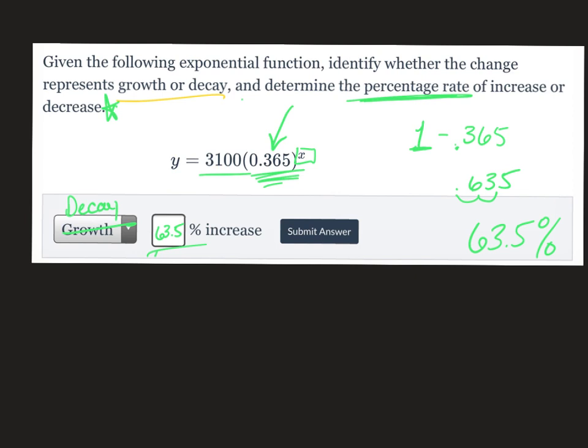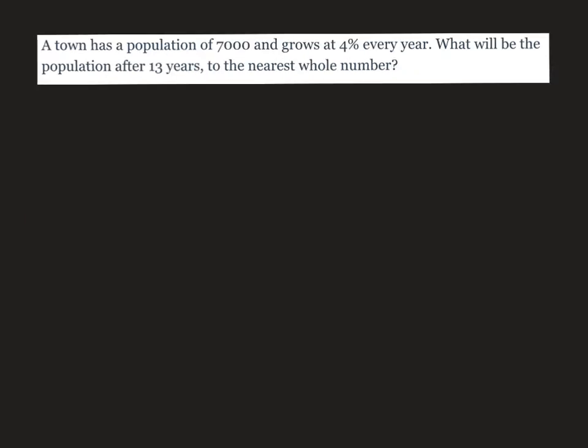And then the last one, actually putting it into practice. It says a town has a population of 7,000 and grows 4% every year. What will be the population after 13 years? Again, the three parts, what we're looking for. First of all, let's put our function back together. We are starting at 7,000.